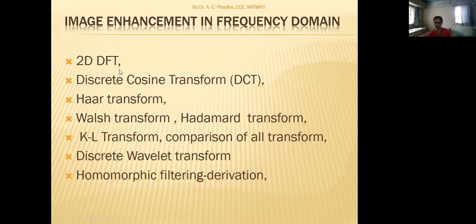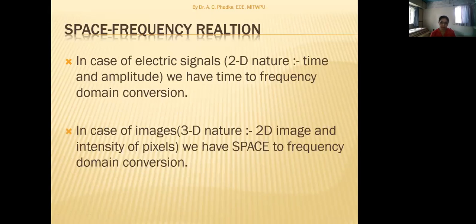Before going for image enhancement in frequency domain, let us first understand what we mean by frequency with respect to images. Now, whenever we consider a signal like a voltage signal or amplitude signal, it is actually a one-dimensional signal, or there is only one independent variable and the other axis represents the amplitude of the signal.